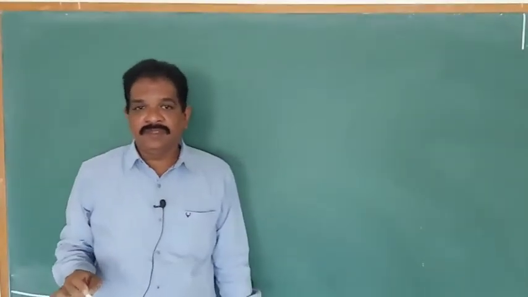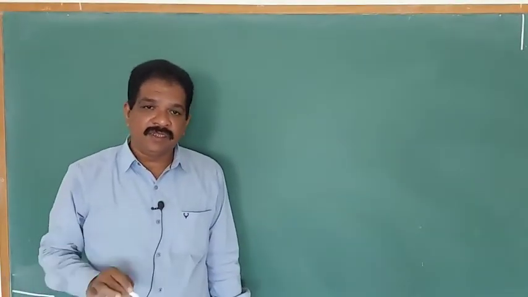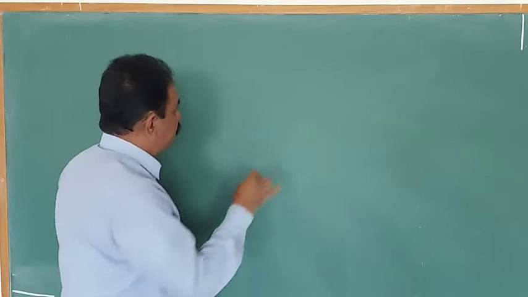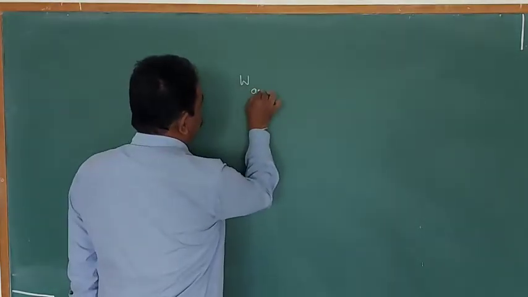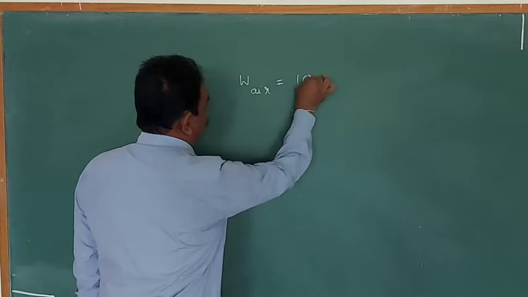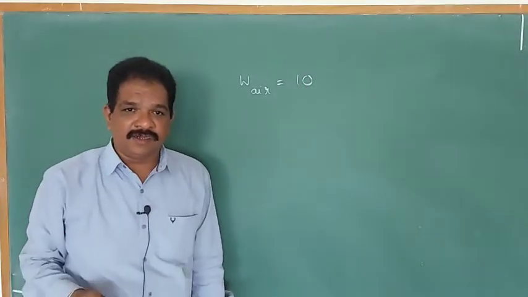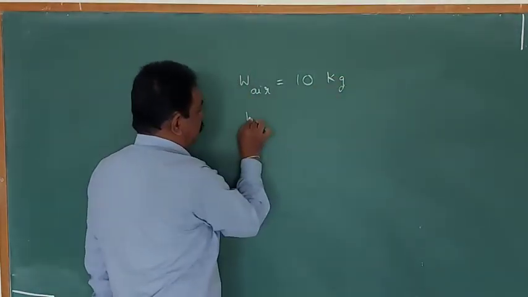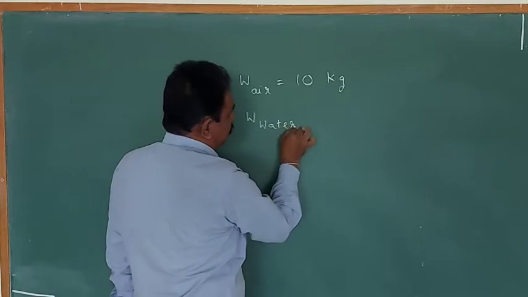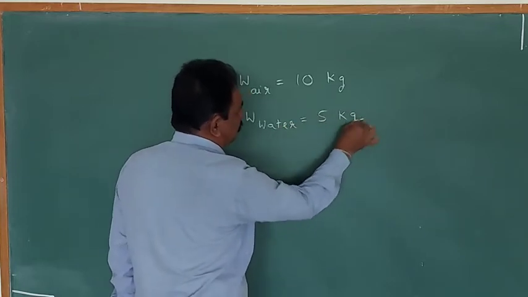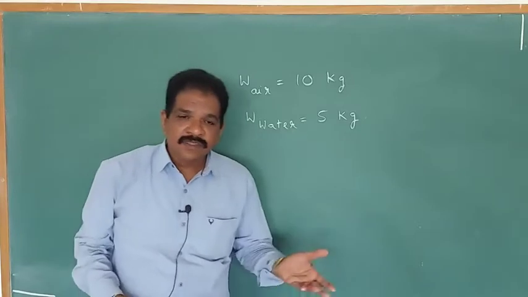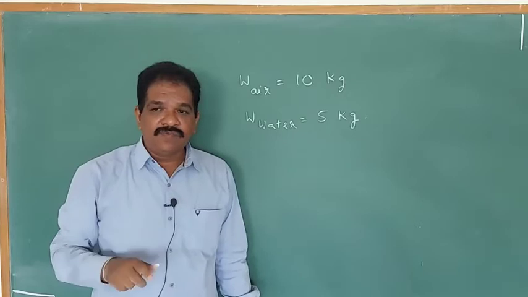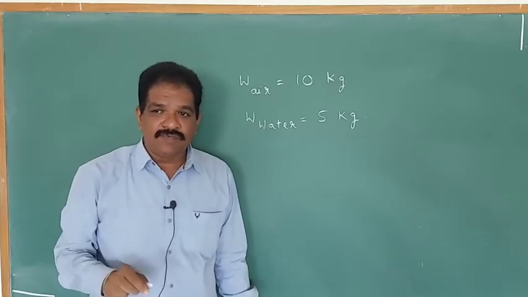Specific gravity means weight of the body in the air by loss of weight in the water. For example, one body is weighing 10 kg in the air. In the water, the same body is weighing 5 kg because some upward force will act on the body in water. That upward force is called the buoyant force.